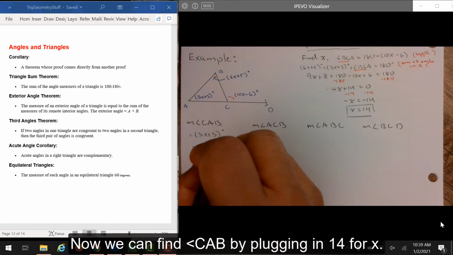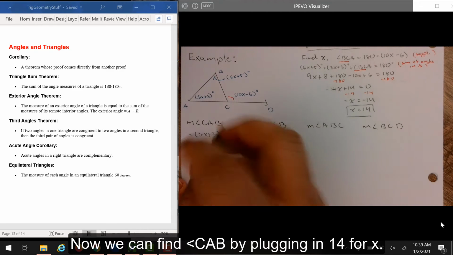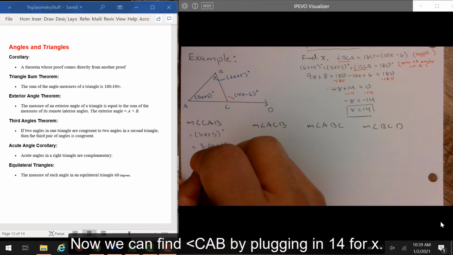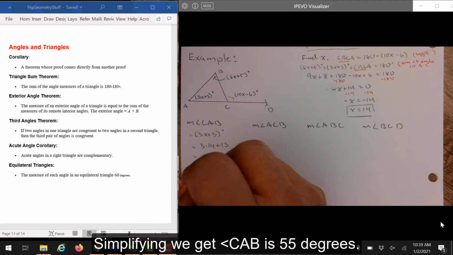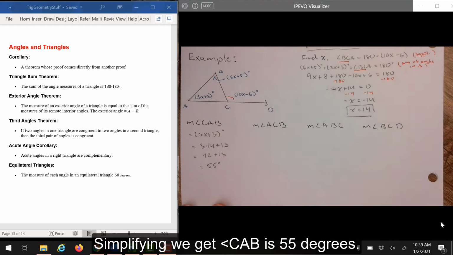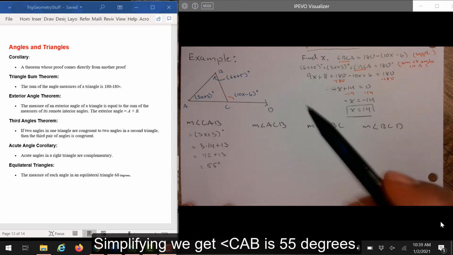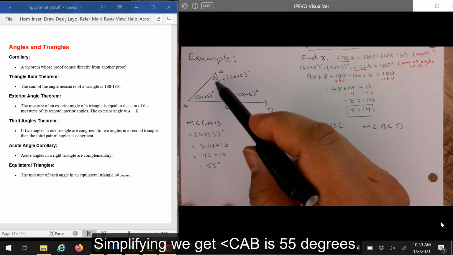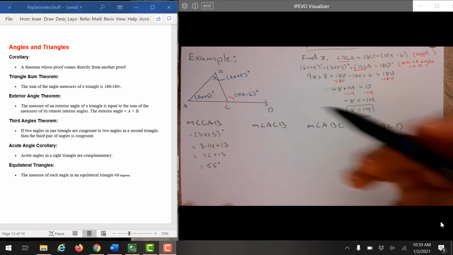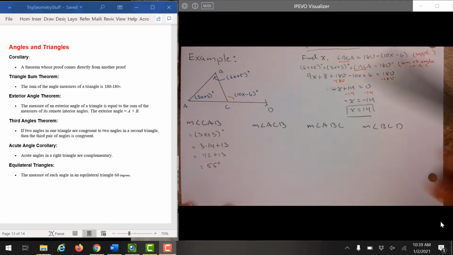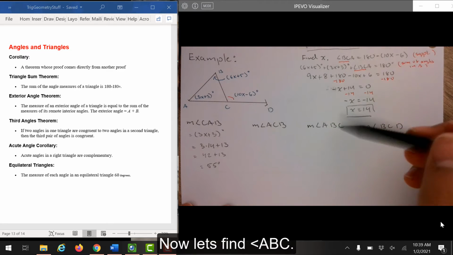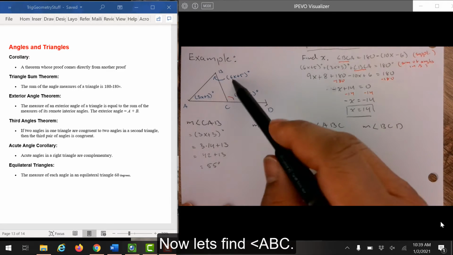Now we can find angle CAB by plugging in 14 for x. Simplifying, we get angle CAB is 55 degrees. Now let's find angle ABC.